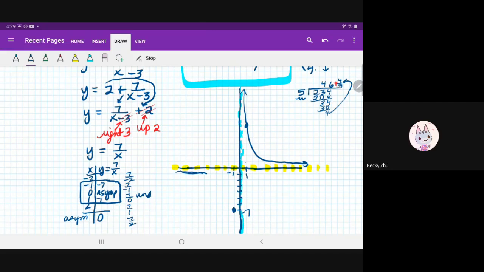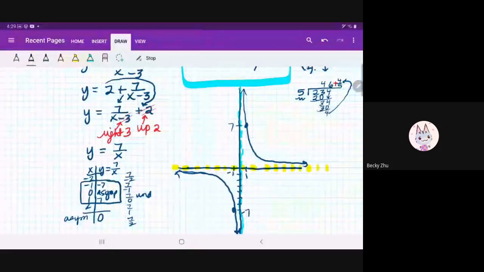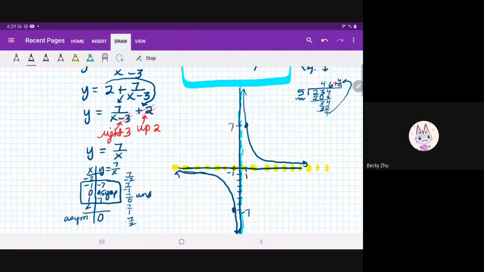Right, because I just change colors. But it's sometimes hard for me not to graph it for real. Okay. So once I have that done, this is 7, so I should probably mark that I went up to 7 and down to -7. And then I'm going to move my asymptotes. So my yellow asymptote, I need to move right 3 and up 2.